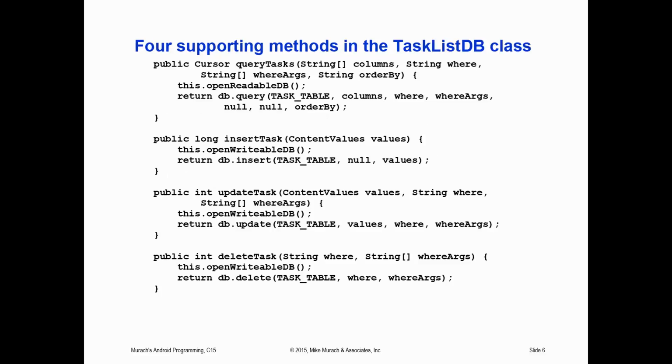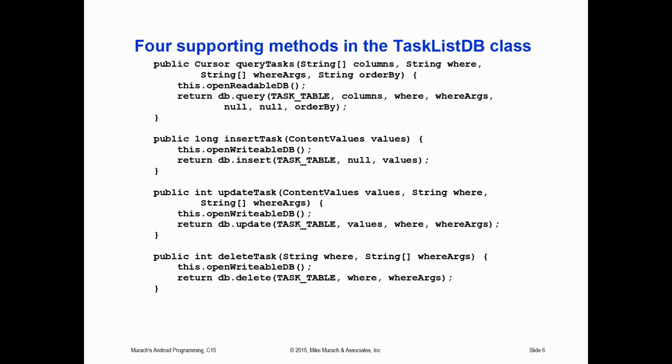Back in chapter 13, we learned how to create the database class named TaskListDB, which included methods like getTask and insertTask that the app used to work with a database. This figure shows some methods that you can add to the database class that can be used by the content provider class.